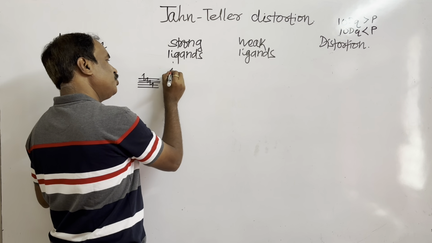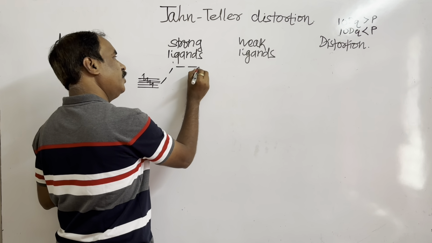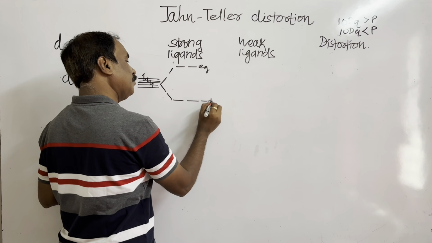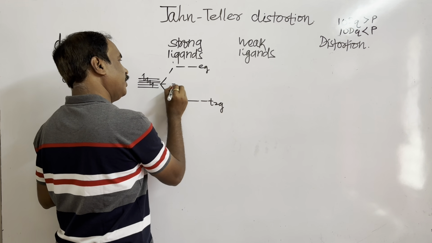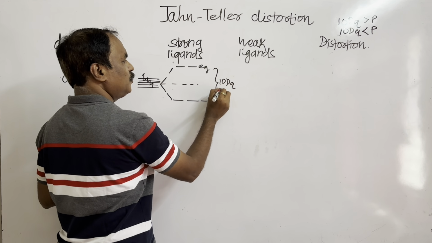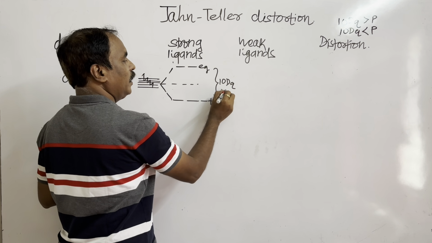Ligands are strong and there is more splitting of atomic orbitals. Here it is eg and here it is t2g. This is the energy barycenter. This is 10dq, that is 1 delta o.